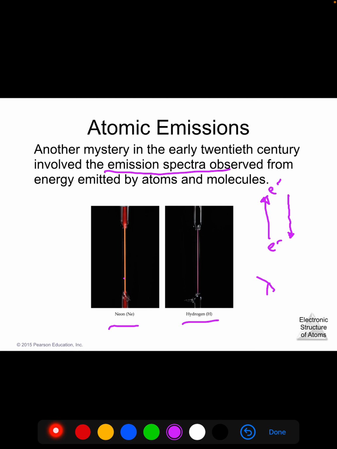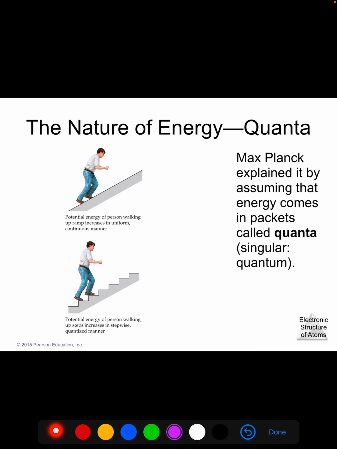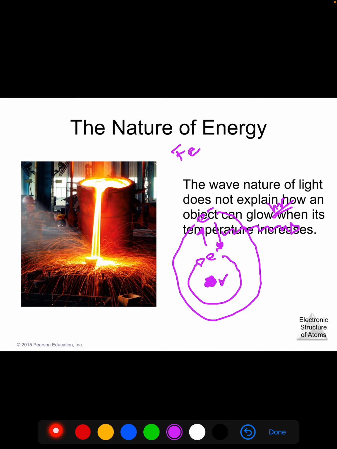But here's the point that Max Planck saw. We can look at an incandescent bulb, which is excited metal like iron, that will eventually not just glow red hot, but if you add more energy, yellow hot, and even more energy, white hot.